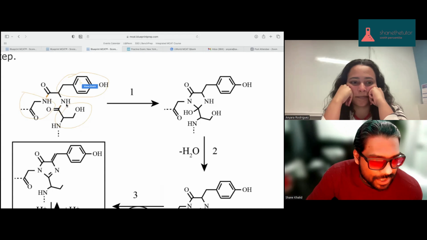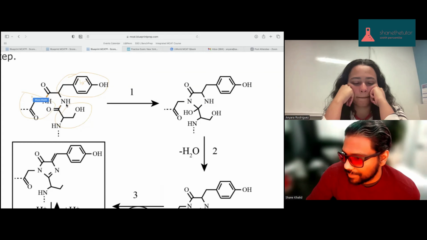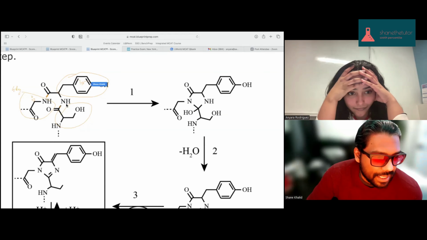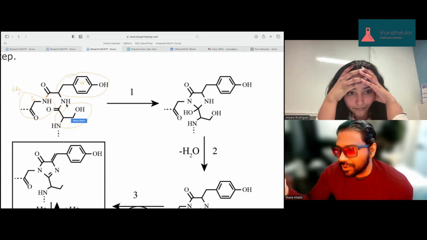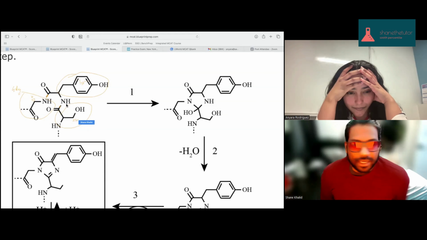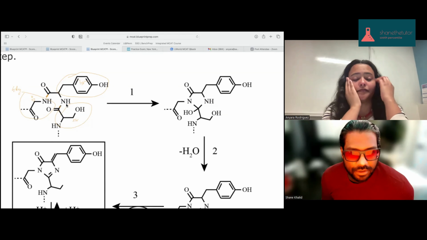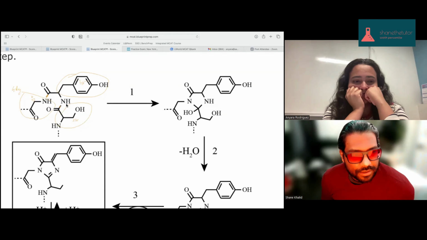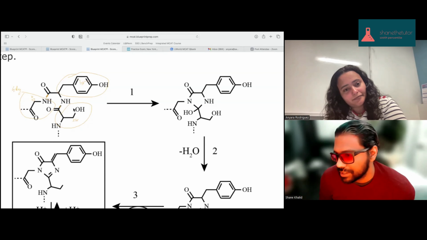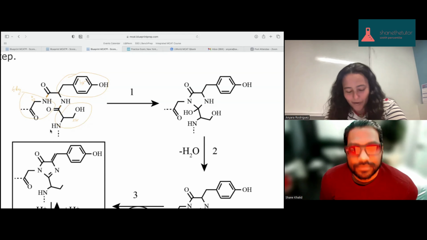We see there's a tyrosine here, and nothing here, which means it would be the glycine because that would be a hydrogen. So a glycine, a tyrosine, and then this is the one where it could be a serine or a threonine. I think it ended up being a serine. But I would say to look for the amide bonds because those will be the peptide bonds, and what's on one side will be one amino acid, what's on the other side will be the other amino acid.